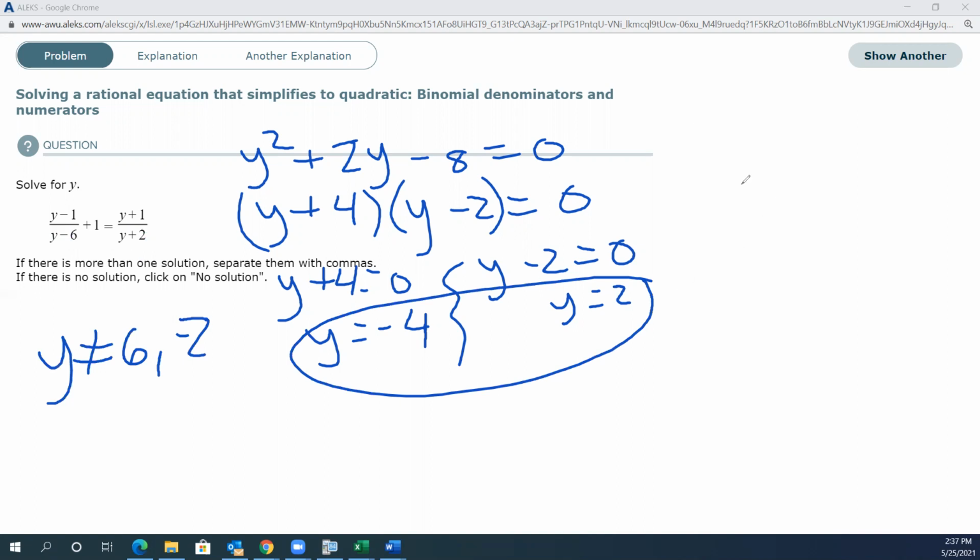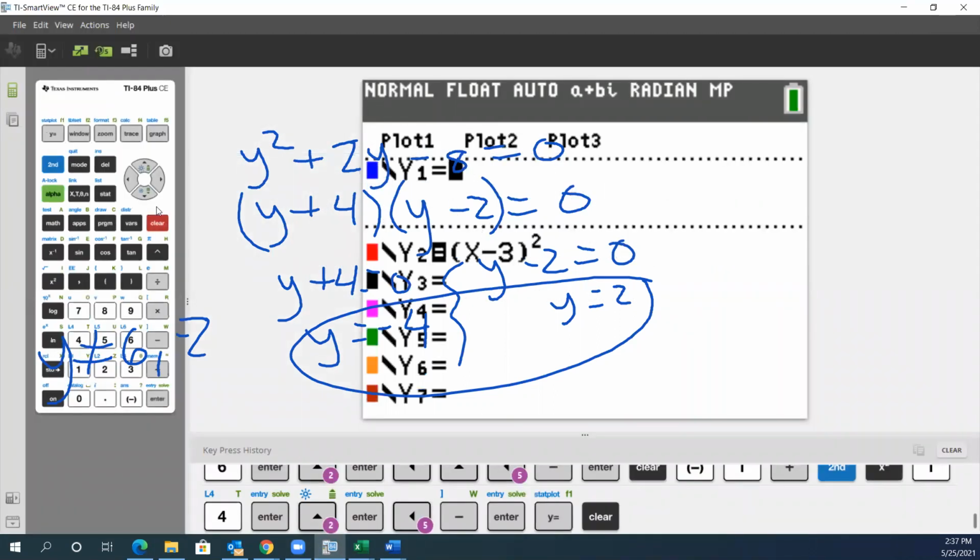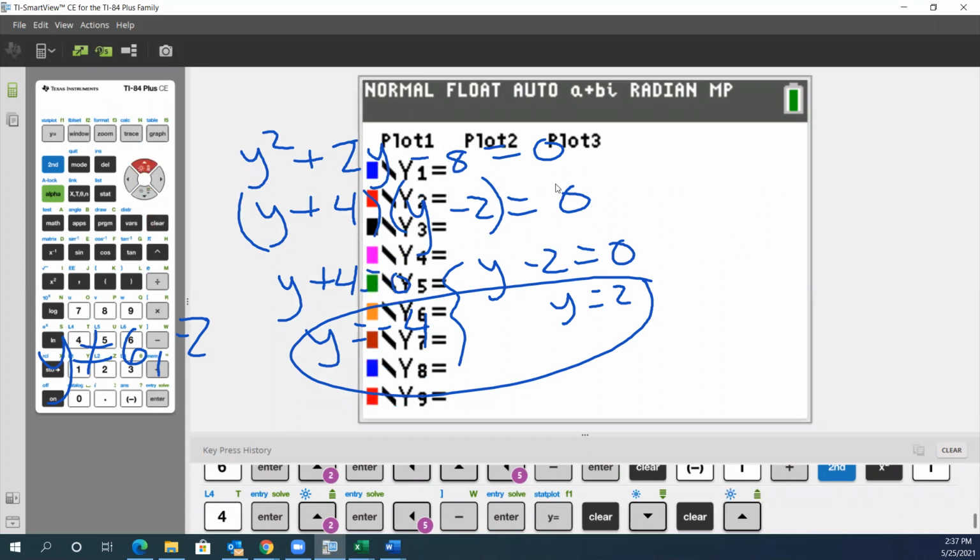So I'm going to check my work right now on the calculator. I just need to remember how to get there. Okay, I got this. I think I better do some erasing.